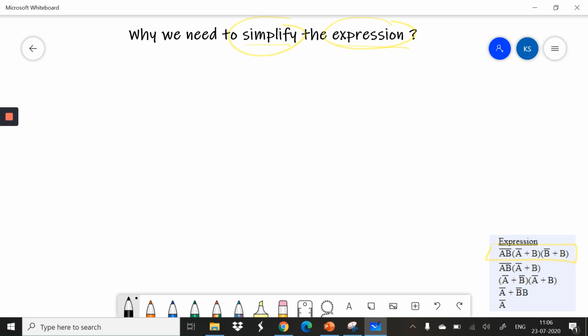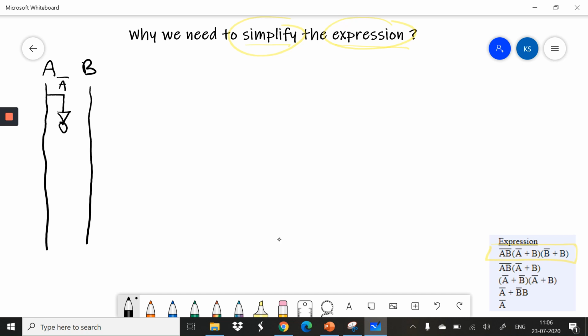Here I have two variables, a and b, and both have negated values, so both have a NOT gate. So a line is here, then we have a b line, and both have a bar, so we'll take a NOT gate for both the variables. So this is my a bar and this is my b bar. Now I have four variables: a, b, a bar, b bar.